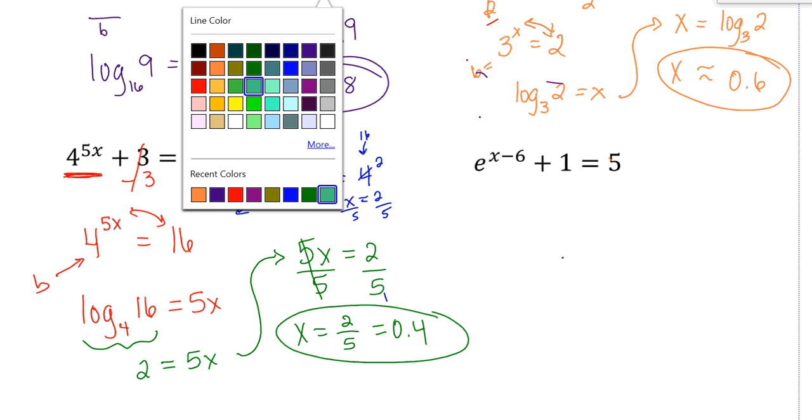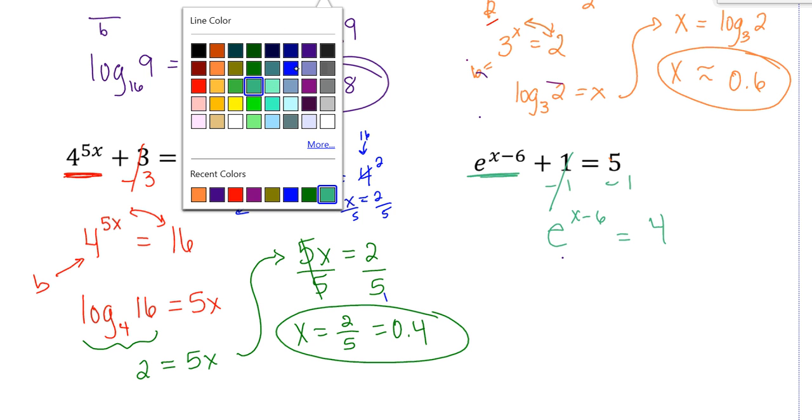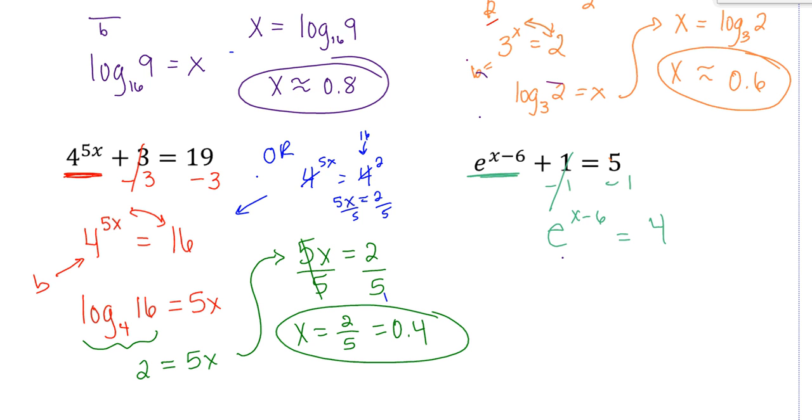All right, let's try this next one. We've got an E, okay? Automatically, I think ln, but we have to make sure this guy is alone first. So I got to get rid of that 1. That becomes e to the x minus 6 equals 4. Now I can switch it over. I'm going to change to blue just so you can see this.